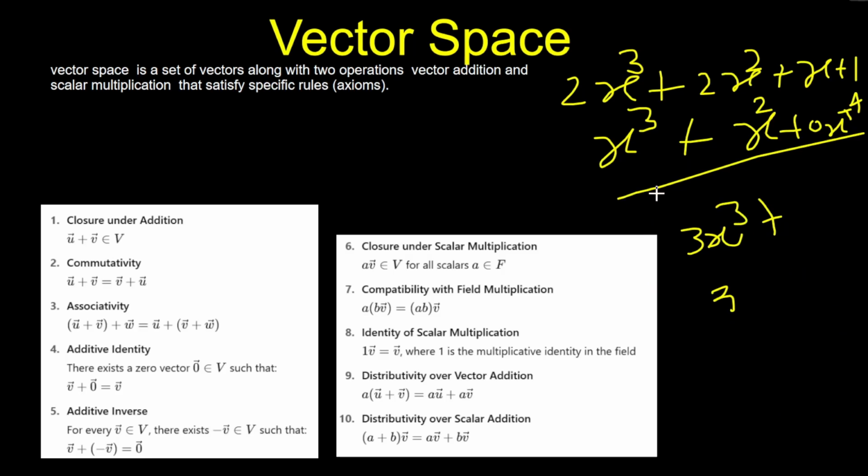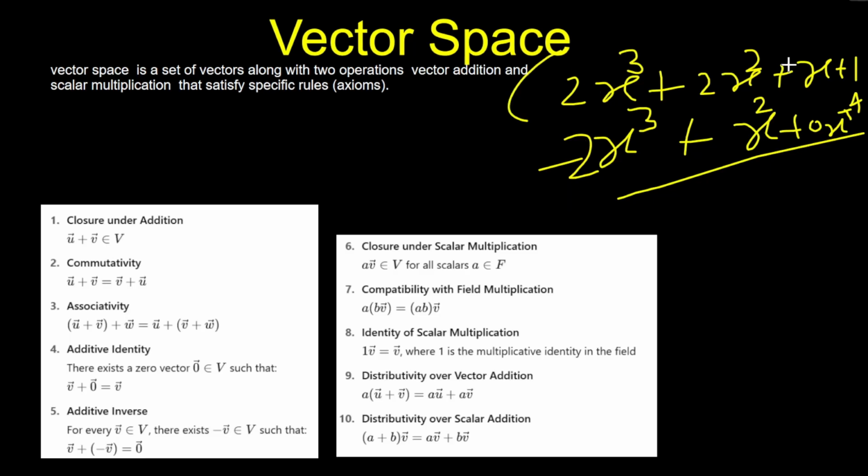For example, instead of x cube, we can have something like minus 2 x cube, and this would be cancelled, and we will not be having this x cube term. We will just be having the x square term, but the degree is reduced. So that's why we say that the order can be equal to or less than 3 or anything in this case. So this also defines the vector space.